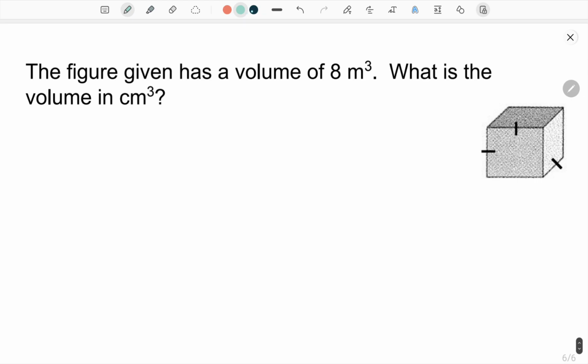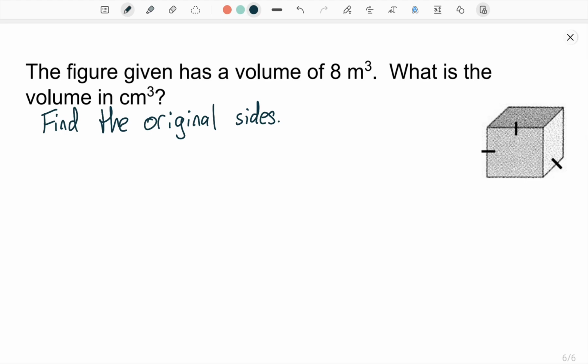So instead, what we're going to do is find the original lengths or the original sides, and then work our way from there. Because then the original sides will be in terms of just meters, and then we can find out what that is in centimeters.